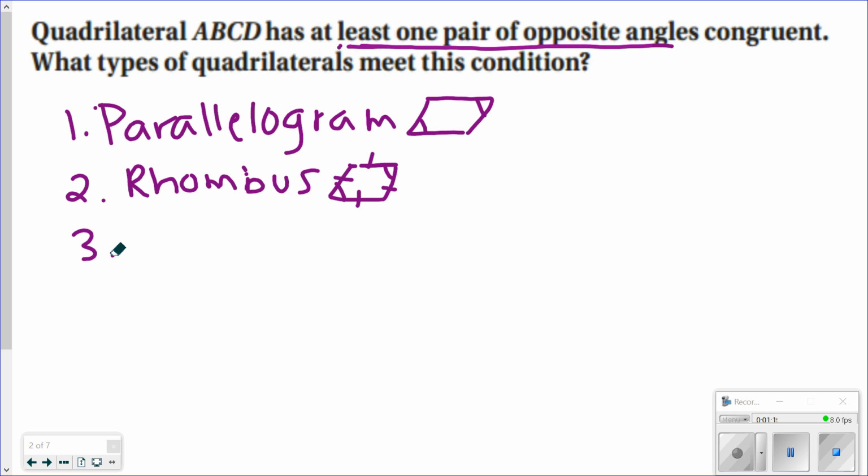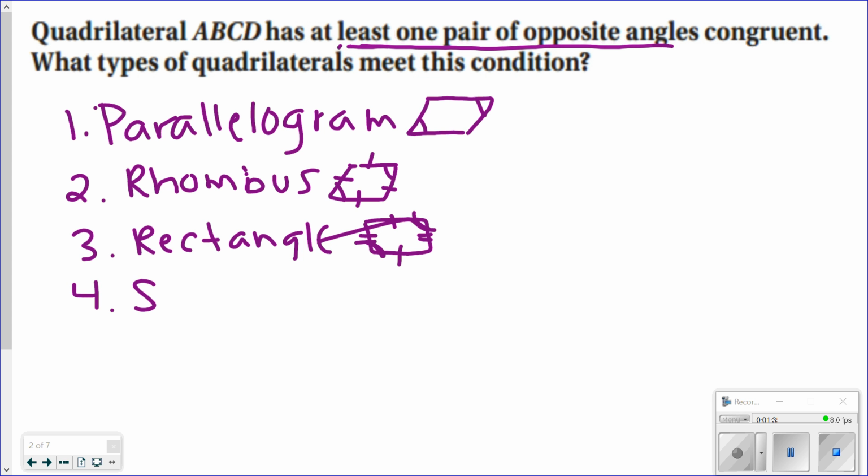We also have a rectangle. And we know that those angles would be congruent. And finally, we have a square. And we know that those angles would be congruent.